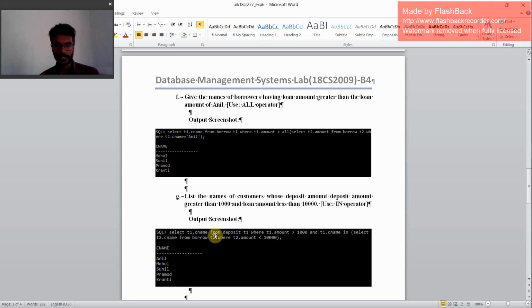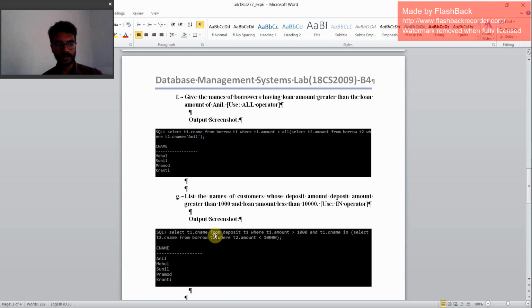Here you select the customer names from deposit T1 where T1.amount is greater than 1000 and T1.C name in select T2.C name from borrower T2 where T2.amount is less than 10,000. You get the names Anil, Mehul, Sunil, Pramod and Kranti.